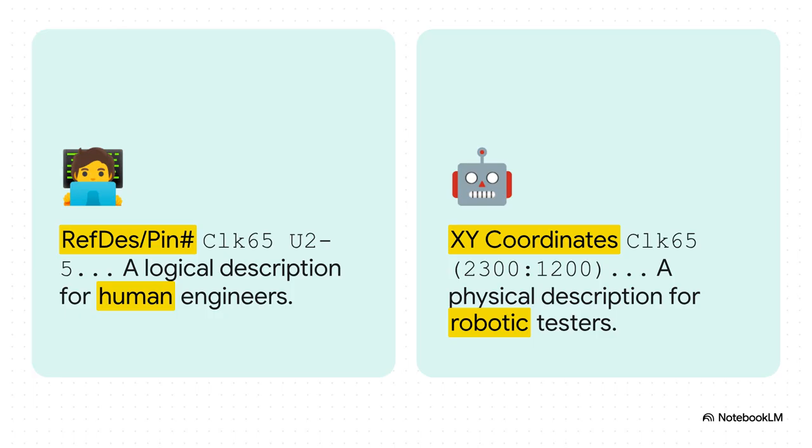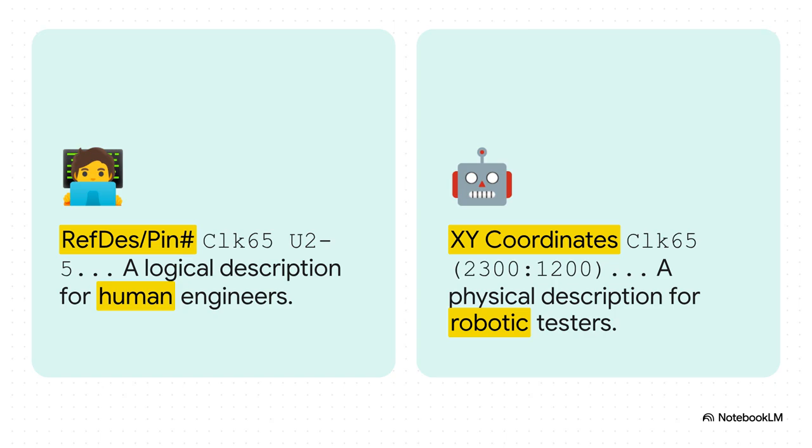A connection, or what engineers call a net, is described logically, something like, hey, this is the clock signal and it connects to component U2 at pin 5. Makes sense to a person, right? But then on the right, you have the language for the machine. That exact same point is described as go to physical coordinates x2300, y1200. Having both of these in one file is the magic trick. It means a robot can find a tiny fault, and the human engineer instantly knows what that fault actually means for the circuit.